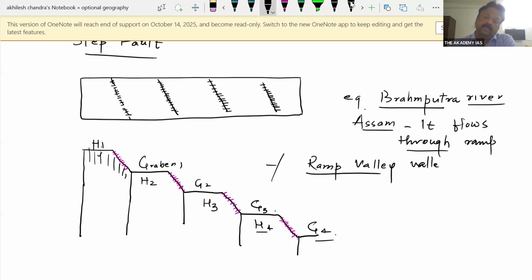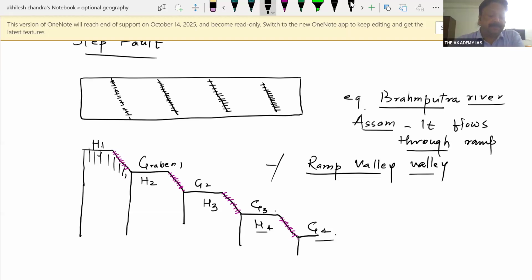You will find there is a ramp valley that develops in Assam. And there are so many examples of rift valley and graben, as we have discussed earlier also.